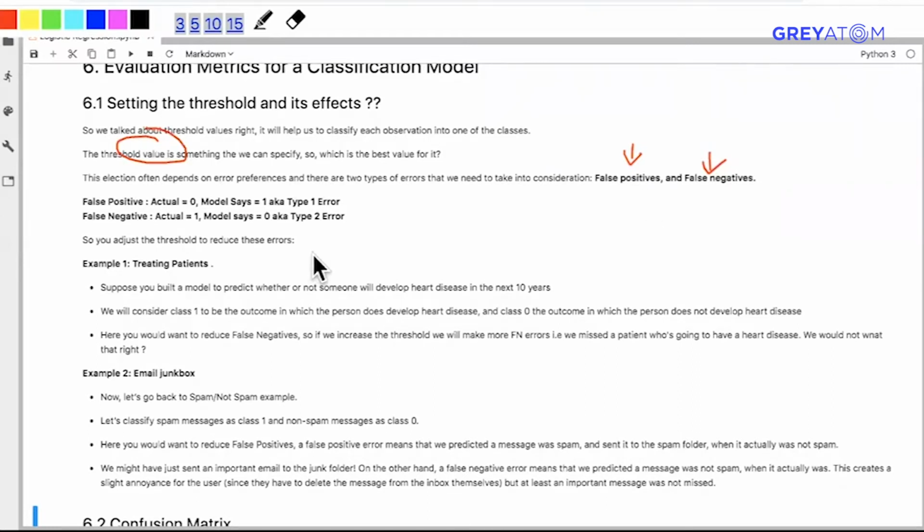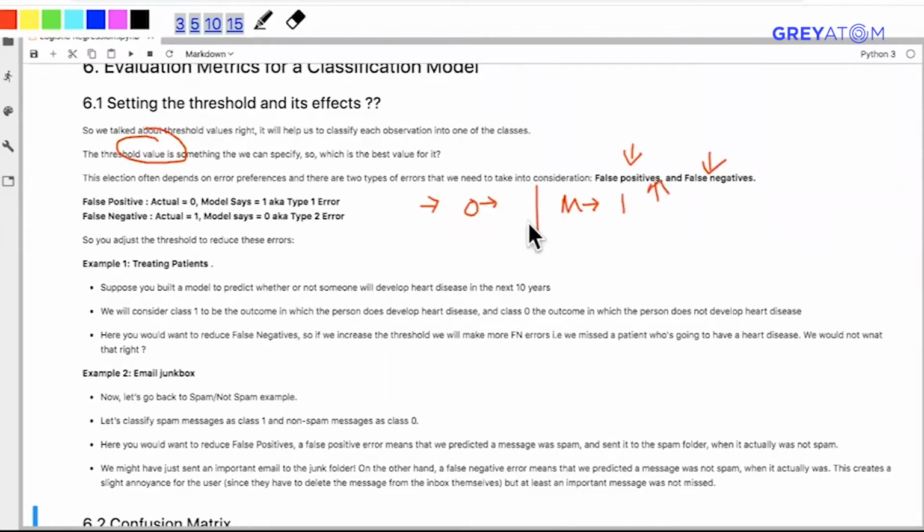So what exactly is a false positive? Suppose in your data, your actual label was 0, and your model says, no, this is not 0, this is 1. So this is an error, right? The label is 0 and the model says 1. This is a false positive error.